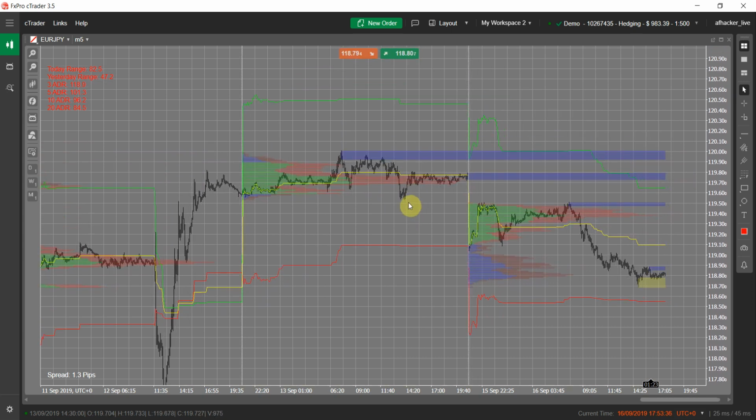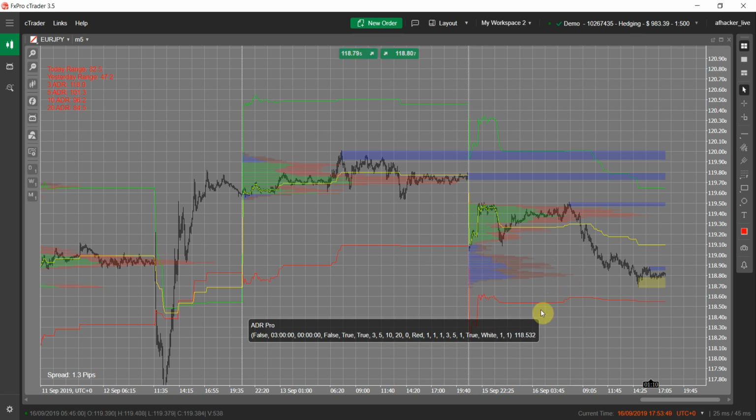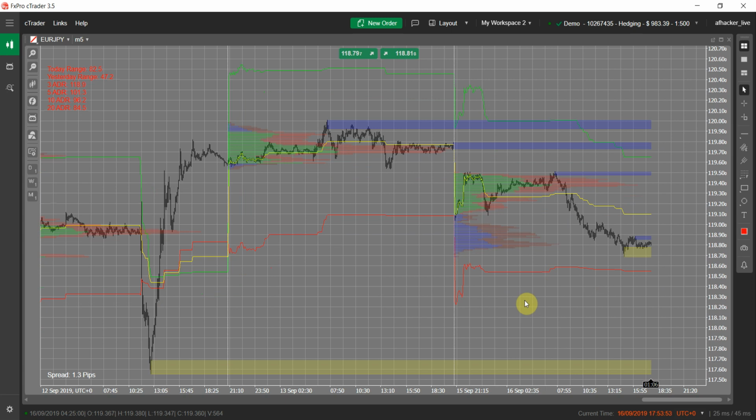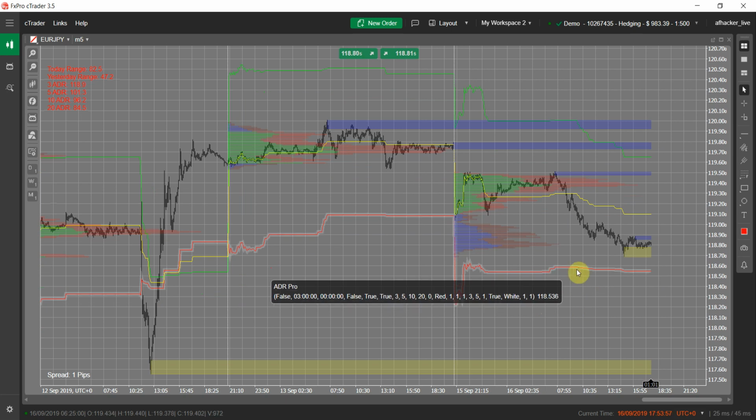This system is purely based on price, based on supply and demand, volume, and ADR. There is nothing fancy or illogical about this system. The system is based on very clear logic and how the market works.